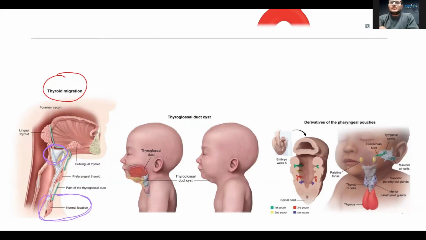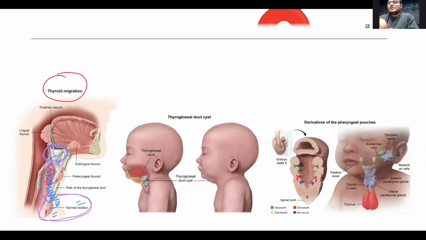It will go. This is called migration. I am highlighting it with blue color. This is a migration which goes into the neck. From the base of the pharynx, it will go into the anterior neck. That is the normal location. Sometimes it does not go.